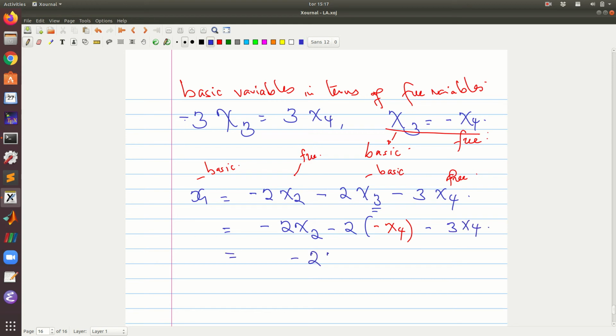We have minus 2x2 plus 2x4 minus 3x4, and finally we get -2x2 minus x4.